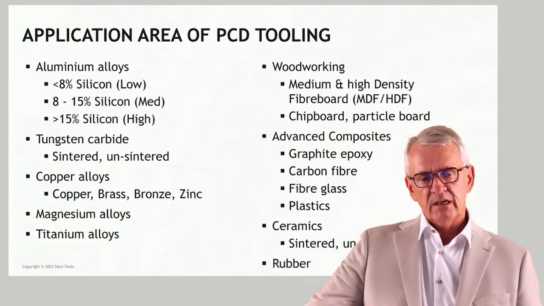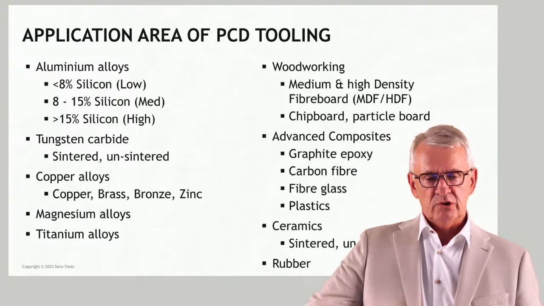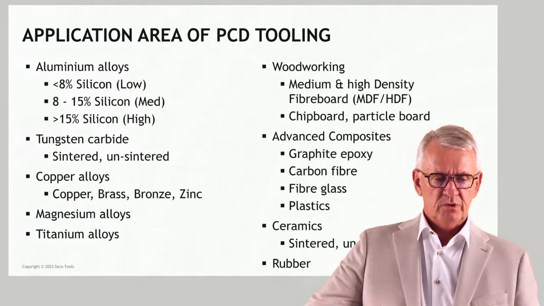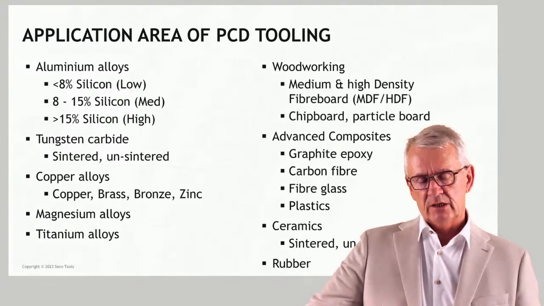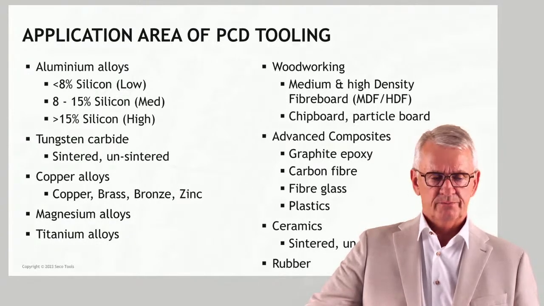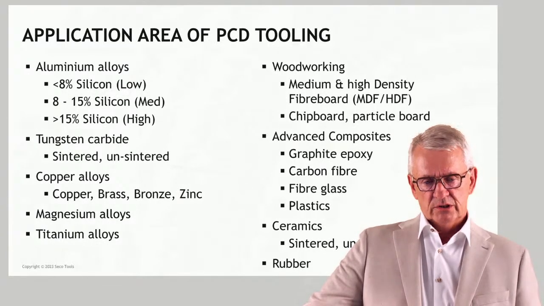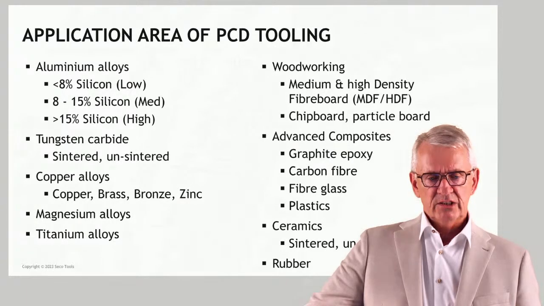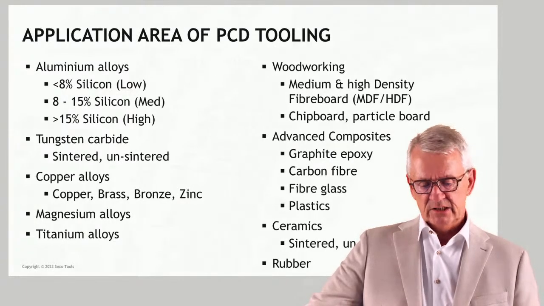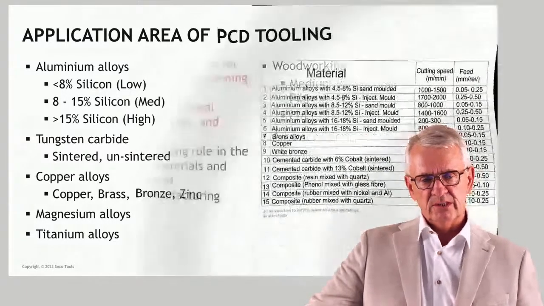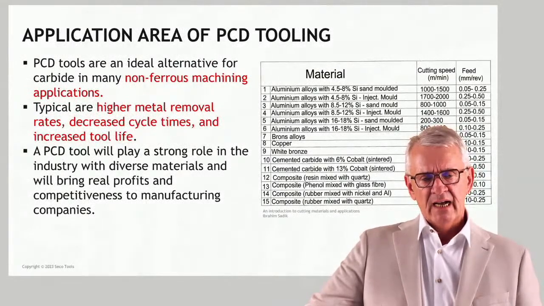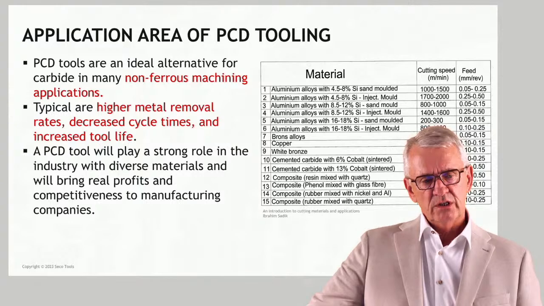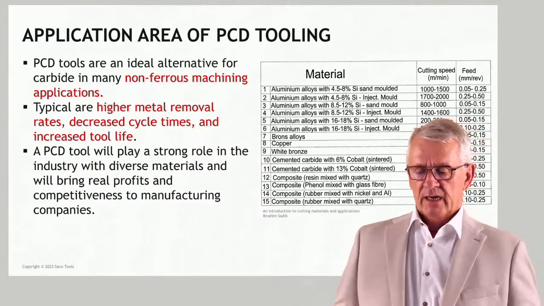In which materials do we use PCD? I would say roughly everywhere, except materials in which the basic alloying element is iron. In other words, steels and cast irons. But for the rest, everything can be cut with PCD. Very typically, we use PCD for non-ferrous machining applications.